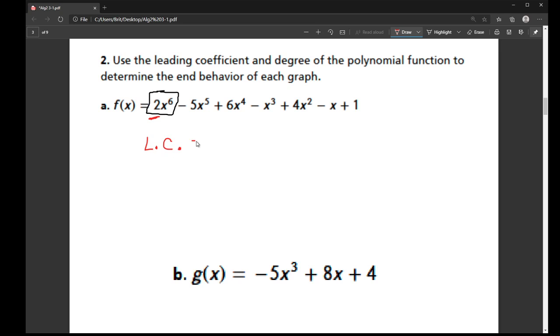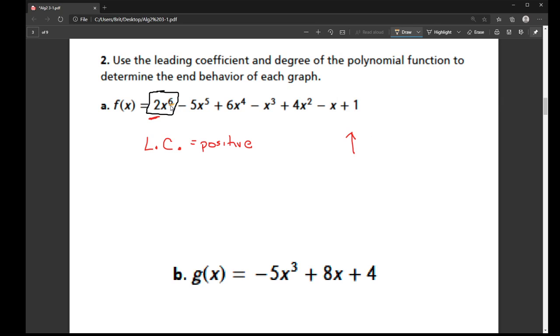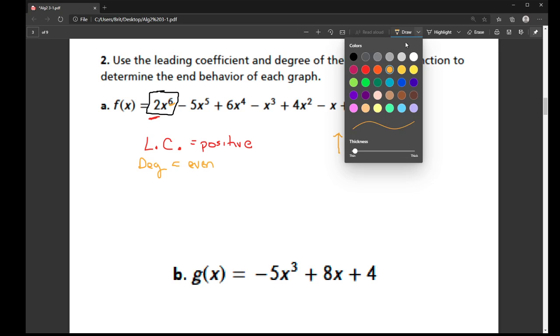So that means that the right-hand arrow is going up. Our degree is a 6, which is even. So if you have an even degree, the left-hand arrow has to match. So this one's going to be an up, up polynomial.